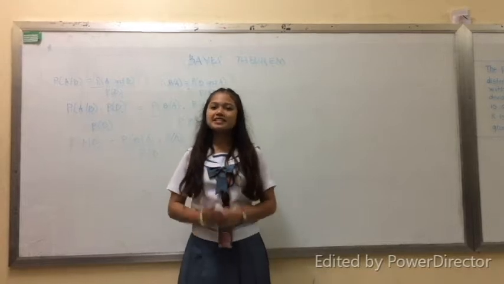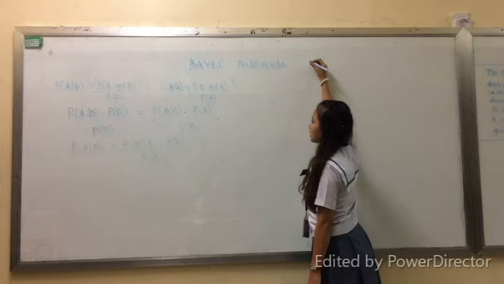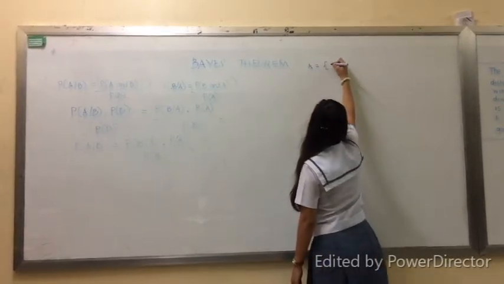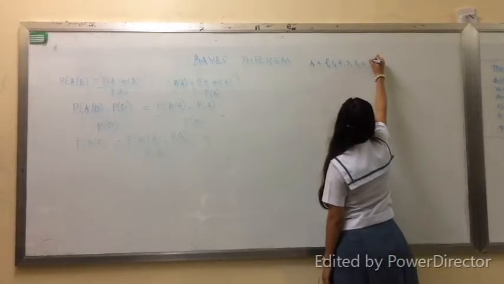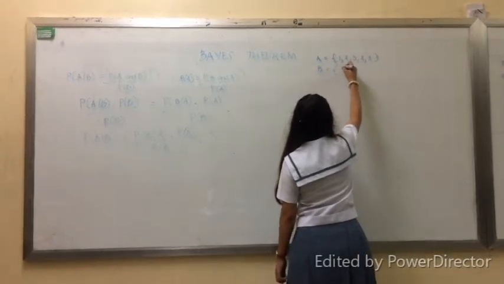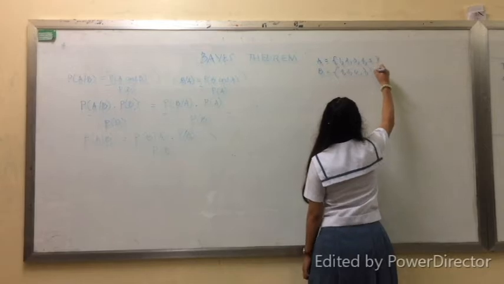So now let's have an example. Let's assume that we are given these values. For the values of A, we have a set of numbers 1, 2, 3, 4, and 5. For B, we have values 4, 5, 6, 7, 8, and 9.